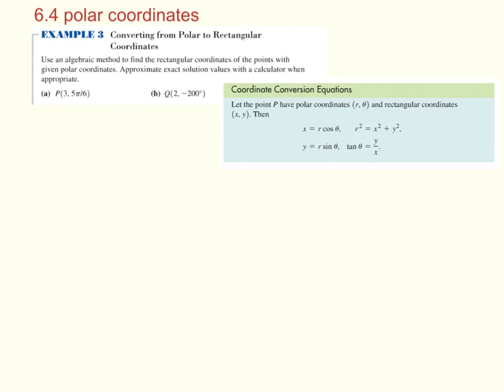So here in example 3, we're going to convert from polar coordinates to rectangular coordinates. I think this should make pretty good sense. If you look at the formulas for calculating the x and y values of a point right here, what are we really doing?